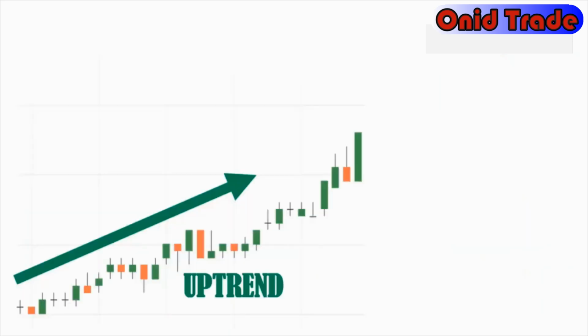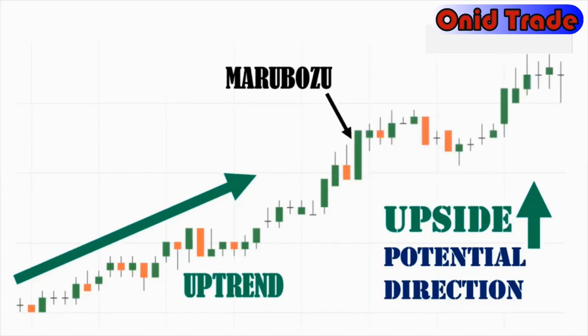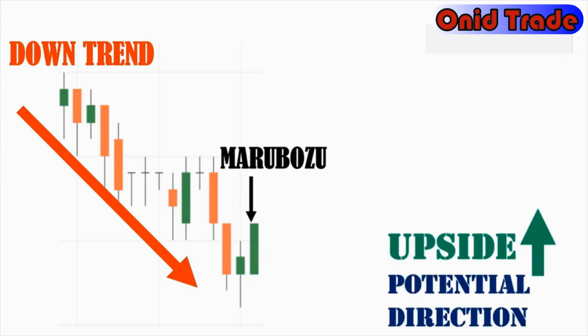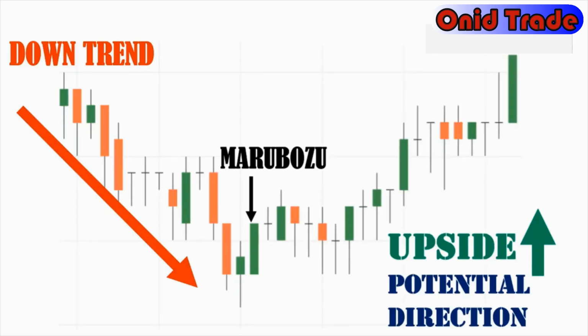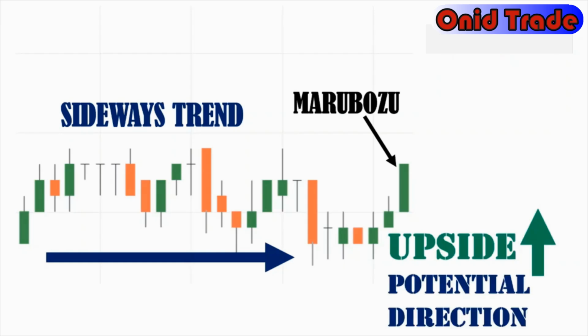So in an uptrend, after the Marubozu formation, you can expect the potential direction to be along the upside. And in a downtrend, after the formation of Marubozu, you can expect the potential direction along the upside. And even in a sideways trend, after the formation of Marubozu, you can expect the potential direction along the upside.